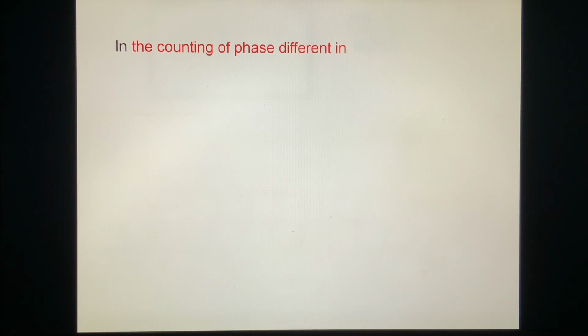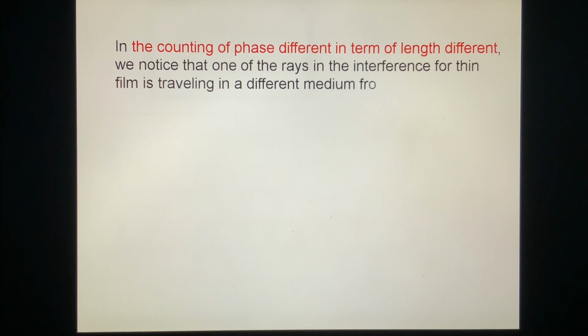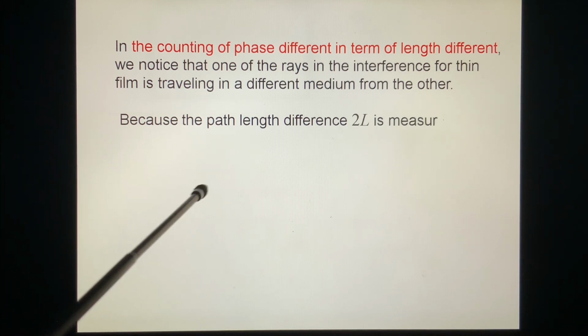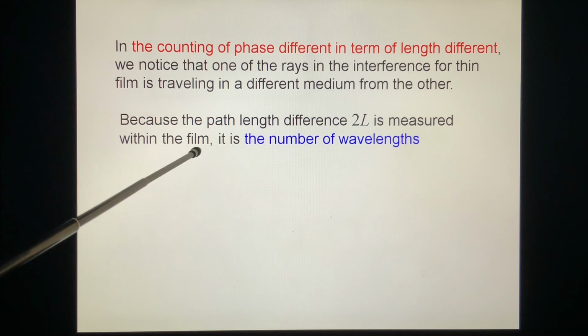In accounting for phase difference in terms of length difference, we notice that one of the rays in the interference from a thin film is traveling in a different medium from the others. The path length difference to air is measured within the film.